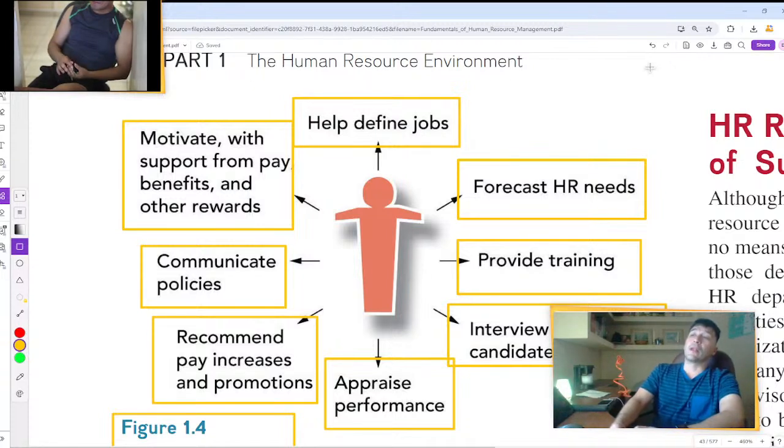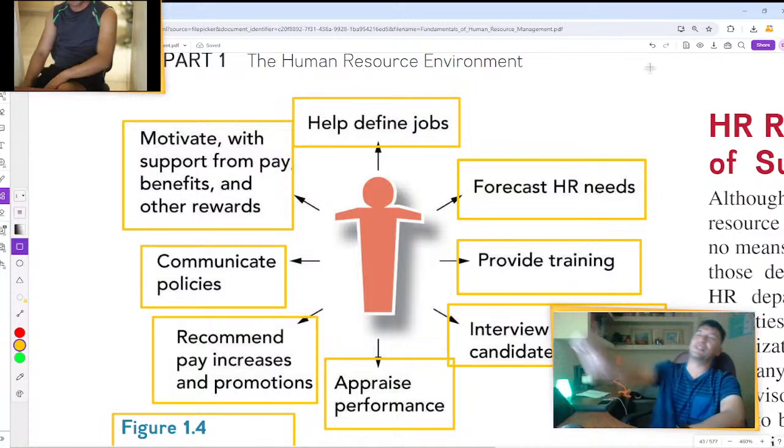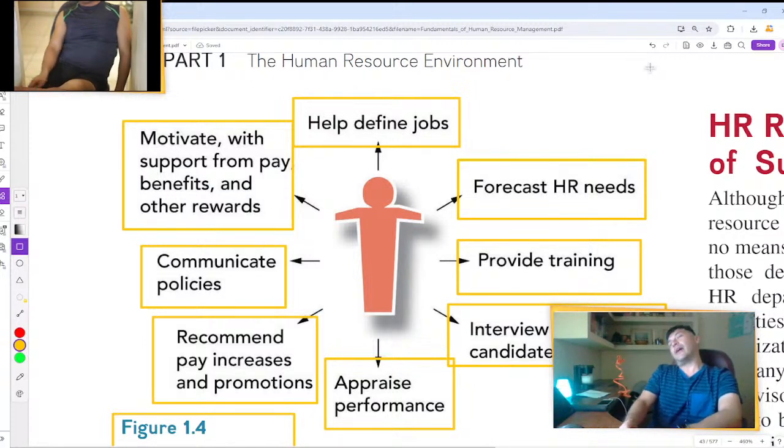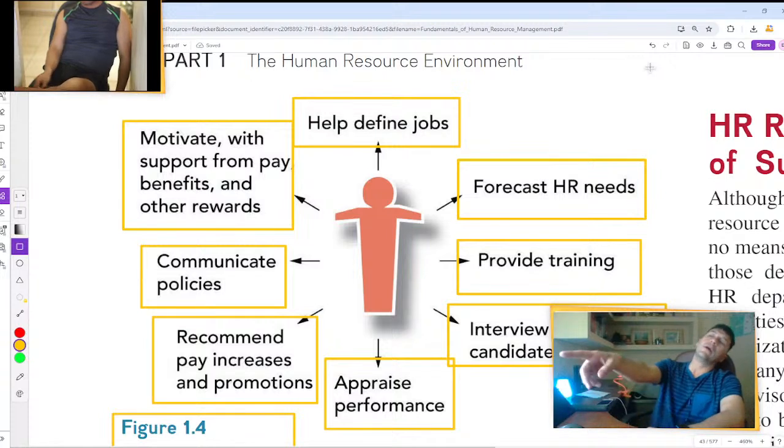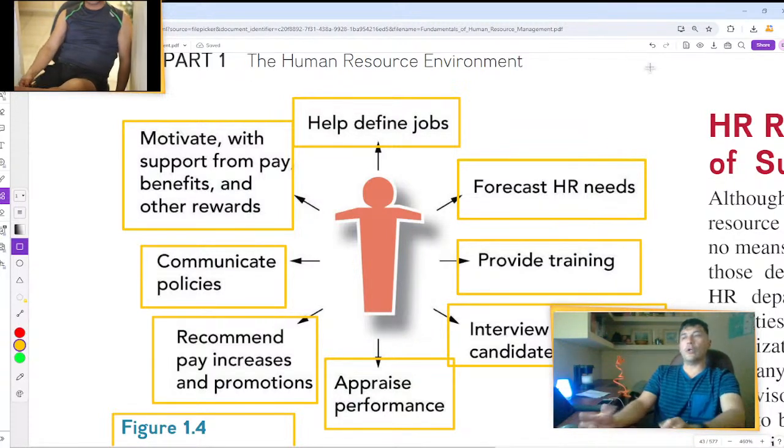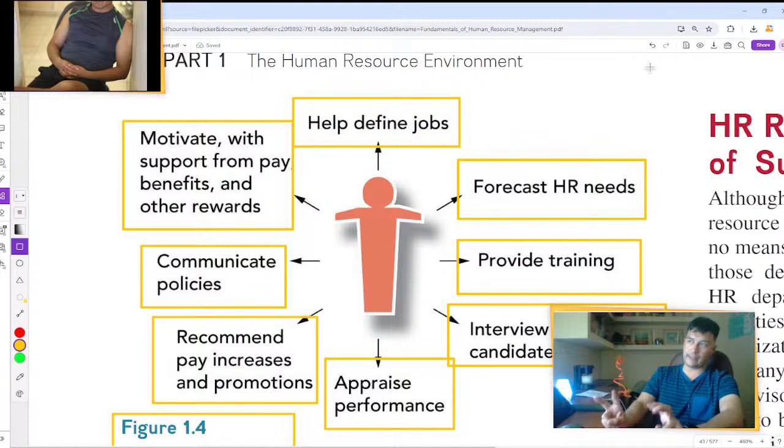We are live, but I'm not going to say anything specific, just human resources. Remember your examples when you were communicating different policies? You're the representative of human resources working together with the supervisors.